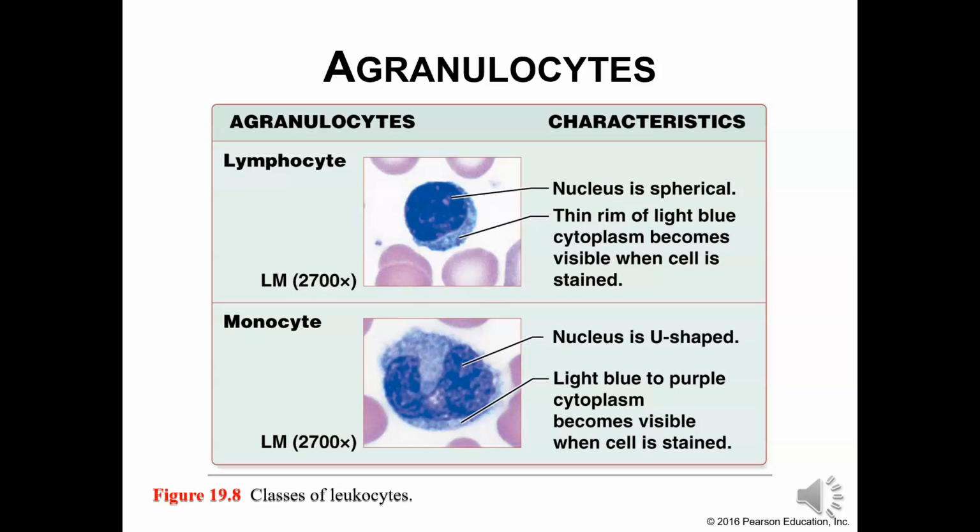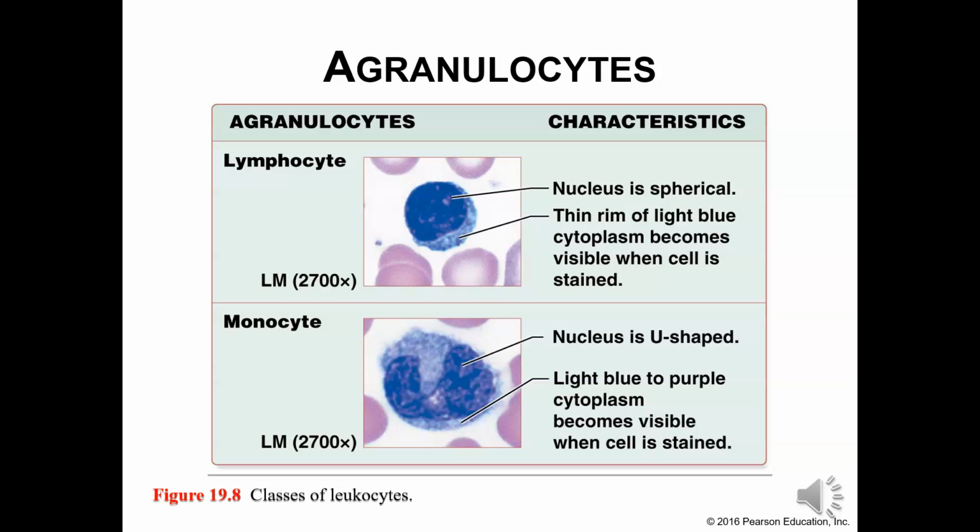So this is basically a lymphocyte. Remember, they represent between 20 and 25% of your total white blood cells. The nucleus is generally spherical with a thin rim of light blue cytoplasm, and of course, it becomes visible when it's stained with hematoxylin stain. And remember, lymphocytes are subdivided into B cells and T cells.